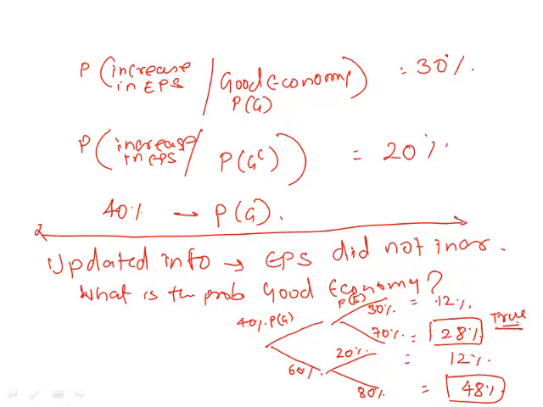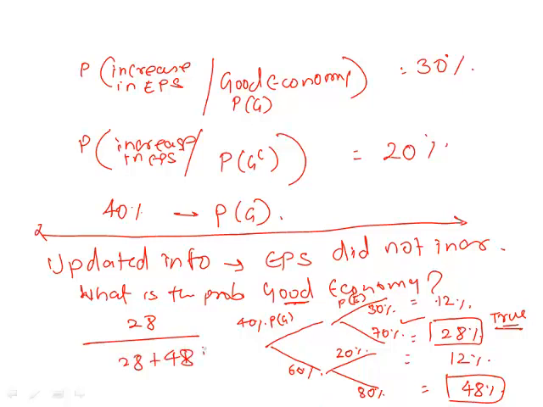Once you know the true scenarios, you calculate the Bayes updated probability. So what is the probability of good economy? Good economy was this 28, as a ratio of 28 plus 48.